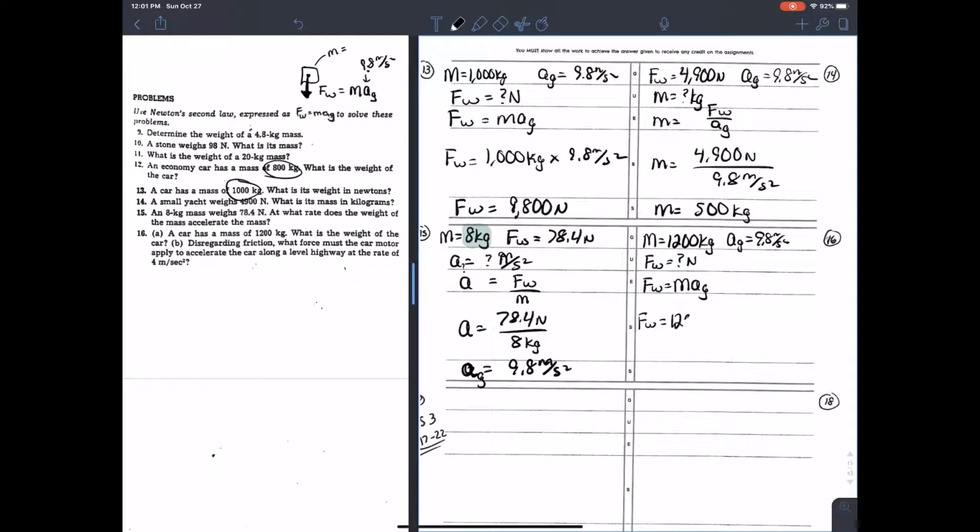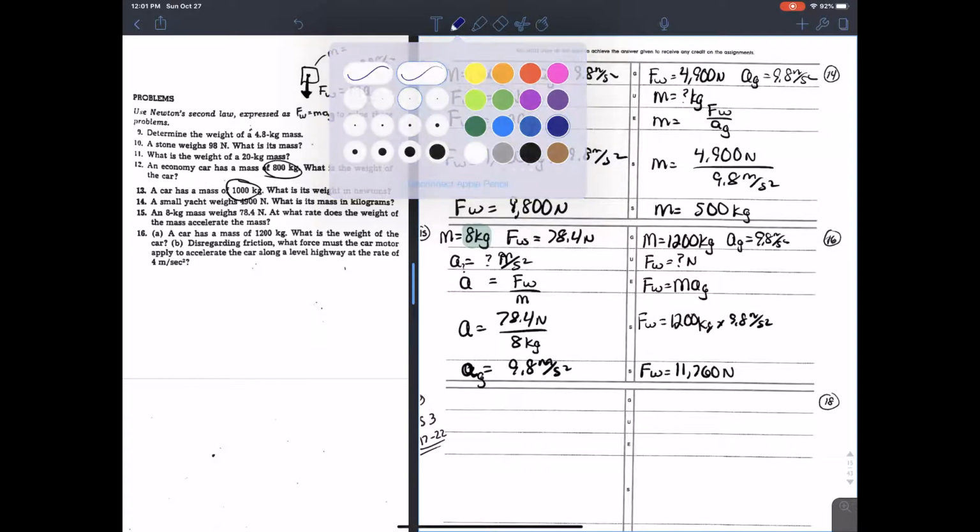F_W is 1,200 kilograms times 9.8 meters per second squared. The weight of this car is going to be 11,760 newtons.